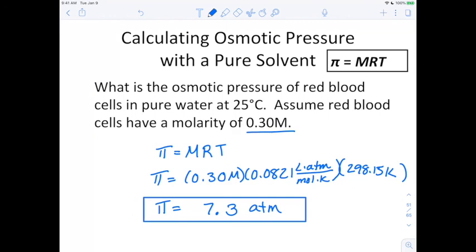So a red blood cell could not possibly handle 7.3 ATMs. That's how much it would have to have inside of it to stop the water flow. But it cannot handle that much. So what ends up happening, and what we're going to see in just a little bit, is that when red blood cells are placed in distilled water, those red blood cells end up bursting because they cannot handle that pressure.